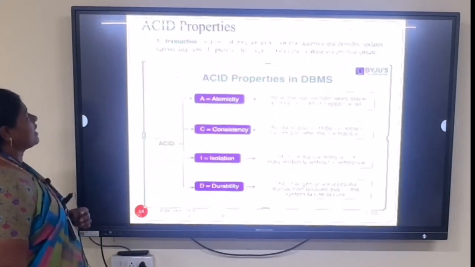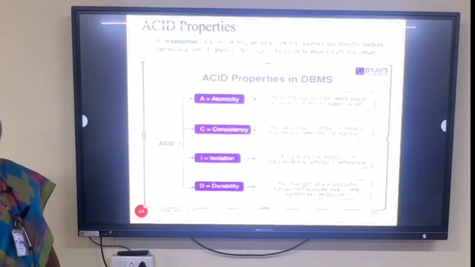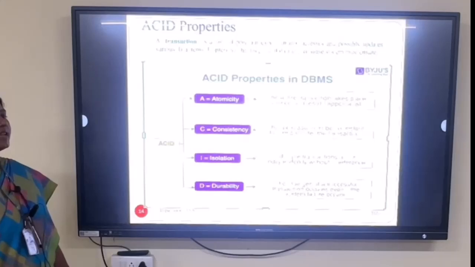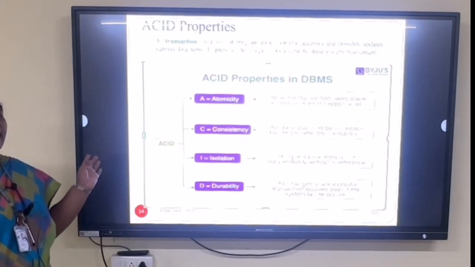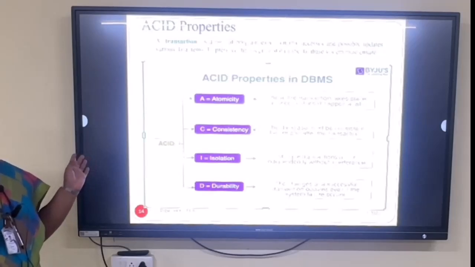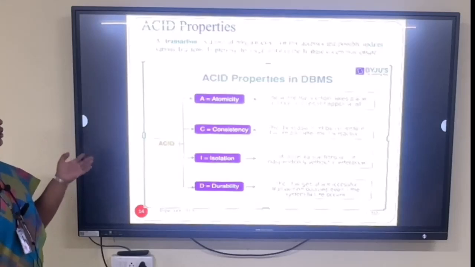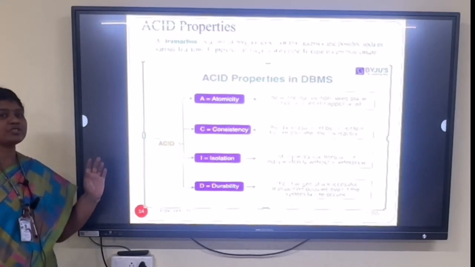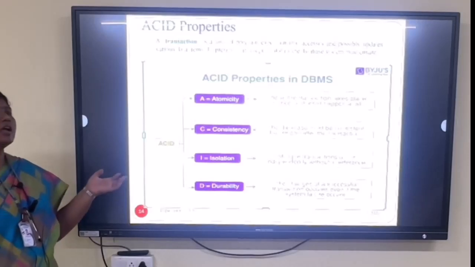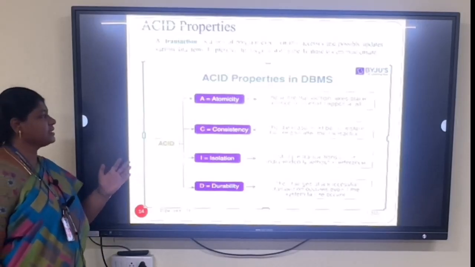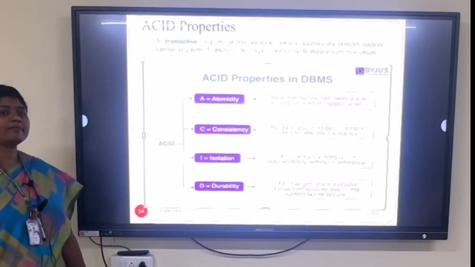A transaction is a unit of program execution that accesses and possibly updates various data items. The main properties of a transaction are the ACID properties: atomicity, consistency, isolation and durability. Atomicity is that either the transaction should take place or it has to return to the original state, that is, a do or die operation. Consistency is that it should be the same before and after the transaction.